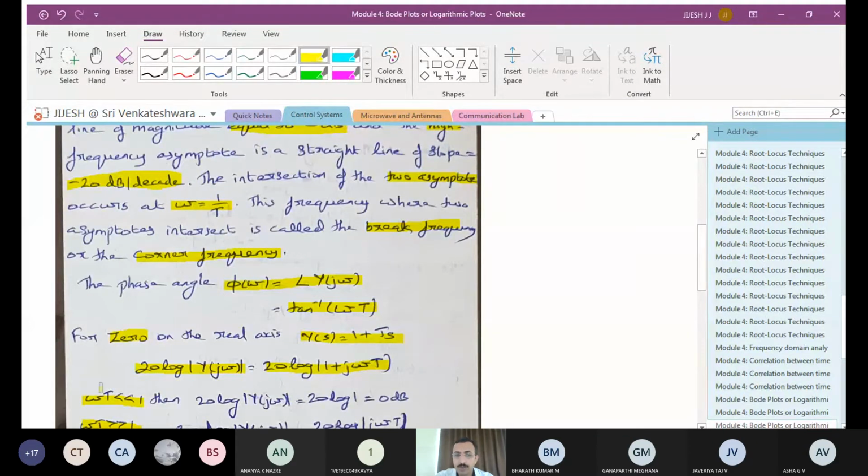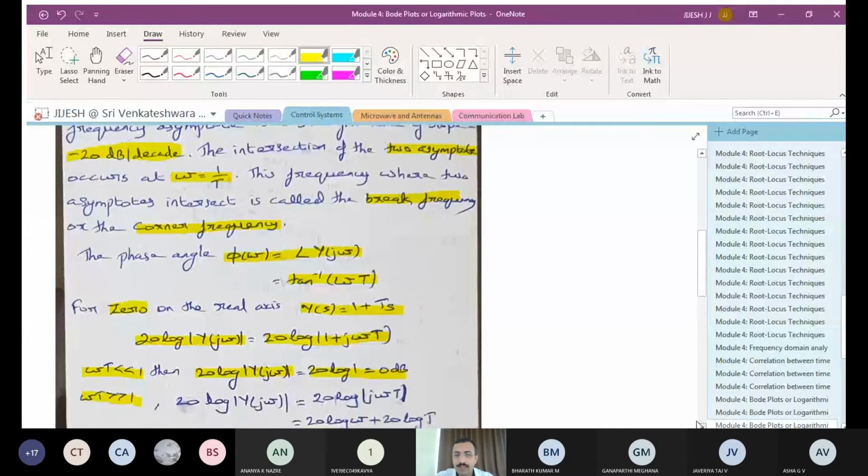When omega t is less than 1, you can say that 20 log of |y(j omega)| will be equal to 0 dB, and when omega t is greater than 1, you can say that 20 log of |y(j omega)| is equal to 20 log of omega plus 20 log of t. So this is what happens when you are taking zeros or poles.